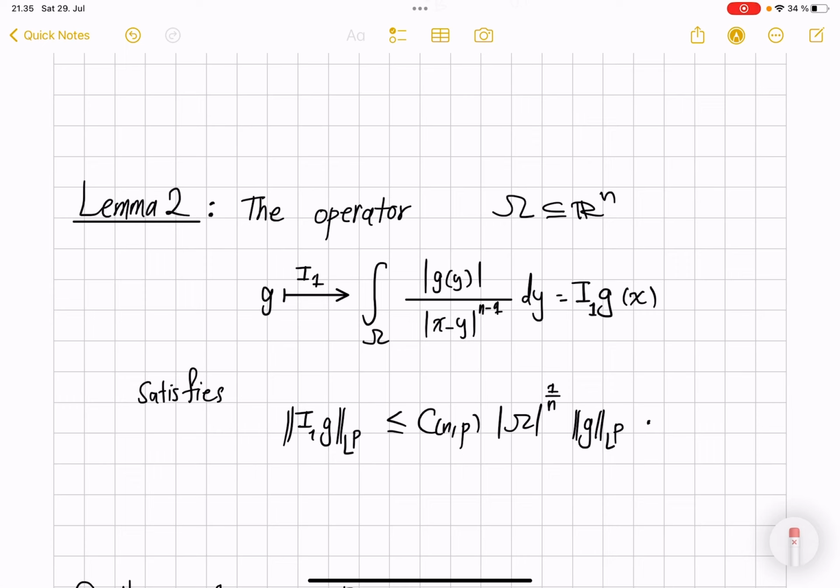It is then true that this operator takes L^p integrable functions to L^p integrable functions with the bound that is the measure of the open set to power 1 over n times a constant that depends only on dimension n and the power p.